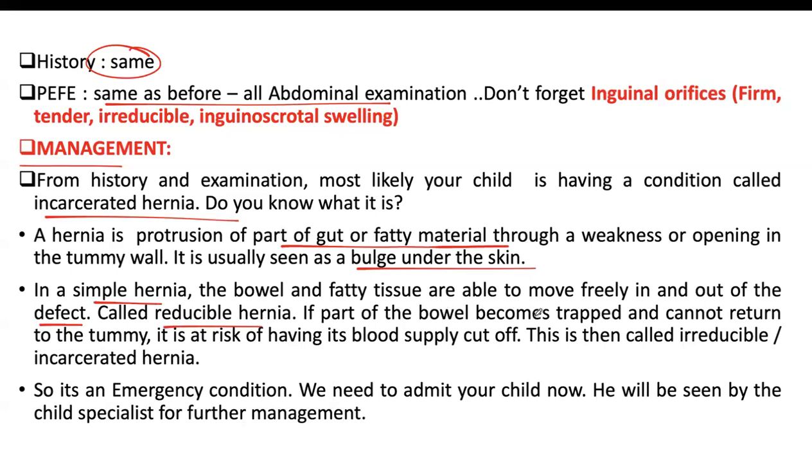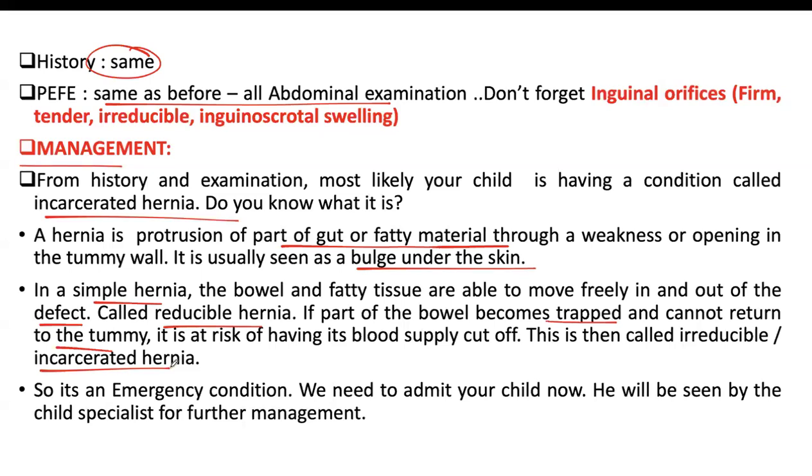But if part of the bowel becomes trapped and it cannot return to the tummy, then there is a risk that that part of the bowel will no longer be able to get the blood supply. And that is the time when we call it an irreducible or incarcerated hernia. Are you with me so far, Jenny? You are understanding me?